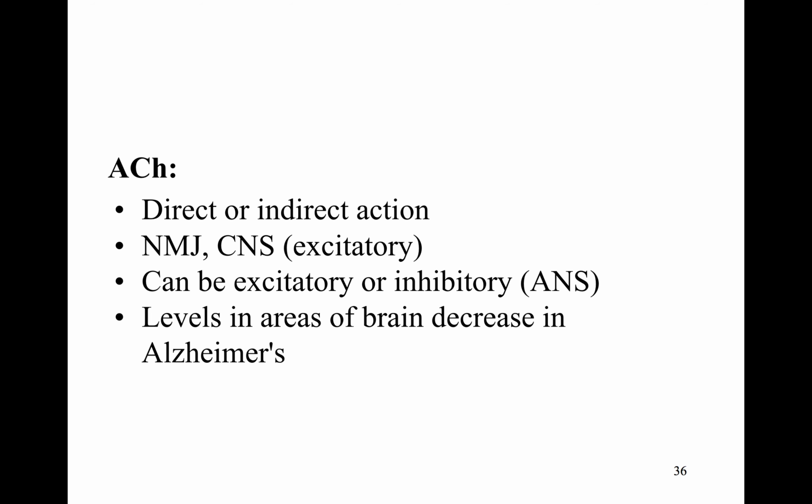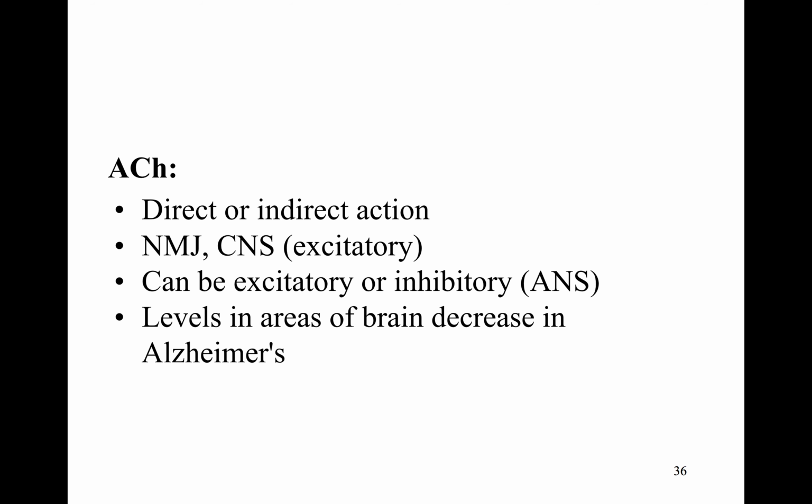Indirect action means that acetylcholine is going to act through a secondary messenger, and then that secondary messenger is going to diffuse across and bind to the postsynaptic membrane, causing a graded potential. So direct action, acetylcholine itself is diffusing across and binding. Indirect action, acetylcholine uses a secondary messenger in order to cause that graded potential. So acetylcholine can act directly or indirectly.